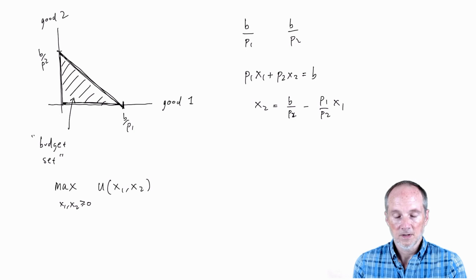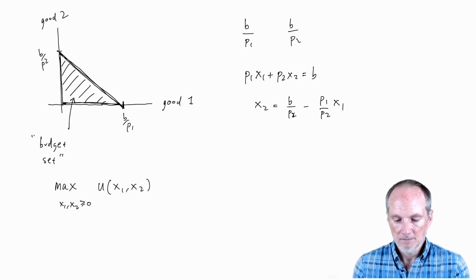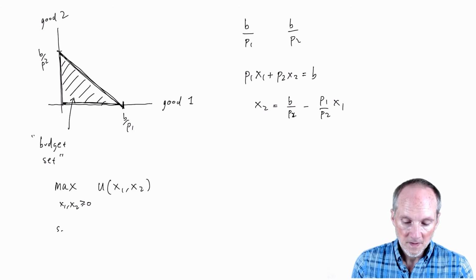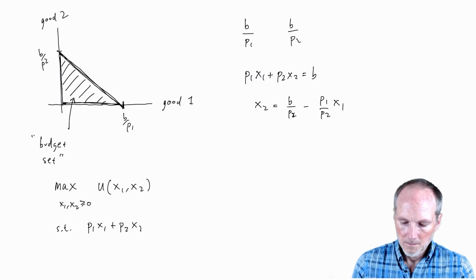Okay, so they're going to choose x1, x2 pairs such that the consumption of each good is non-negative. However, they can't spend more than they have, so they have to respect this budget constraint.